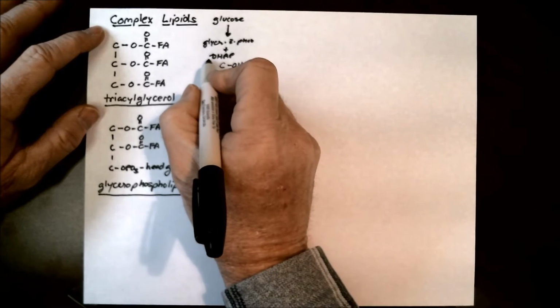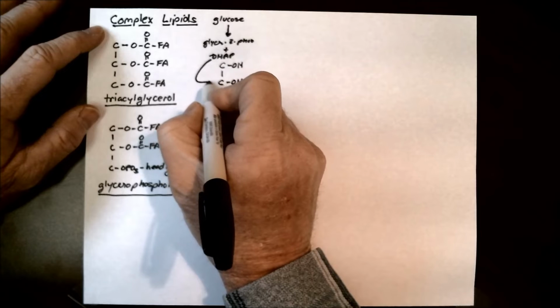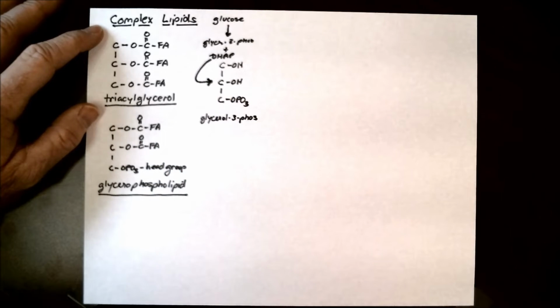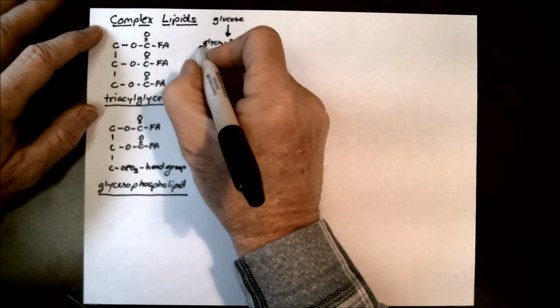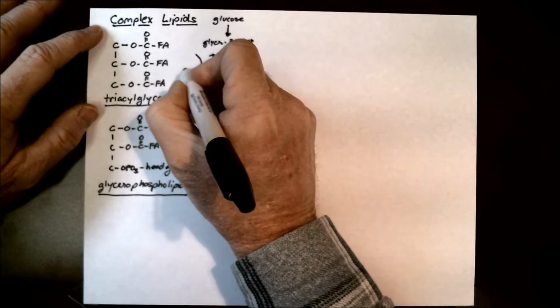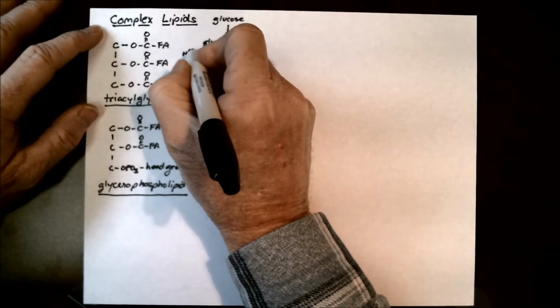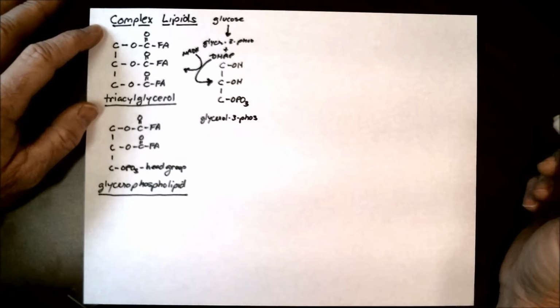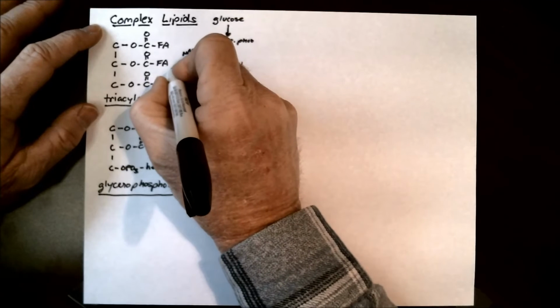Now recall, DHAP can be converted into glycerol 3-phosphate by a simple one-step redox reaction, using NADH to reduce the DHAP into glycerol 3-phosphate.